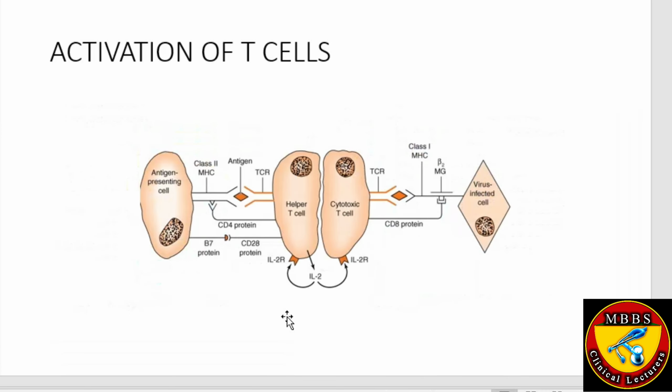Now in this picture on the left side, we can see the activation of the helper T cells in which the antigen presenting cells process antigen in association with the class 2 MHC protein, and the antigen is recognized by the T cell receptor of the helper T cell.